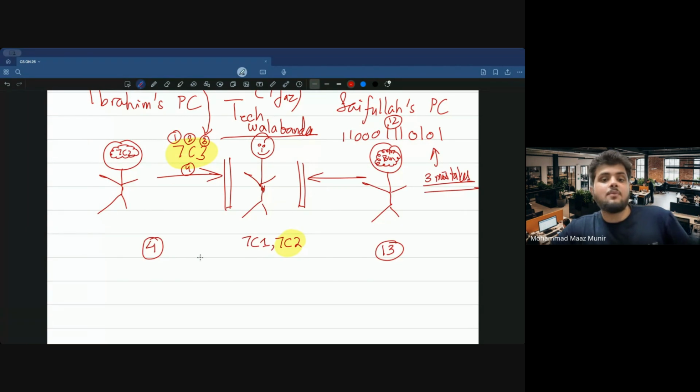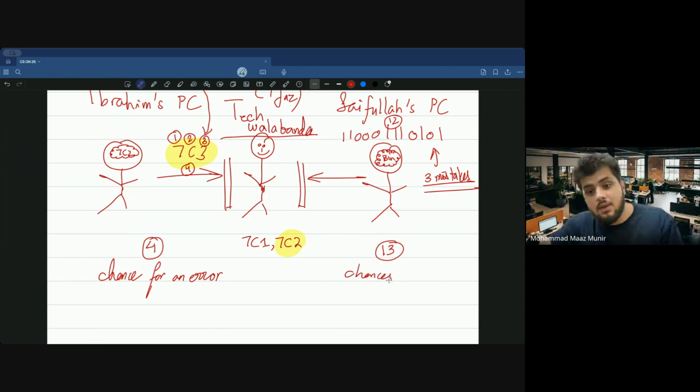So if I'm dealing with hexadecimal, it's much easier to understand, right? For hexadecimal numbers, the chances of making an error are much less. What are the chances of making an error? It's only 4. Whereas if you are dealing with a binary number, the chances are 13.